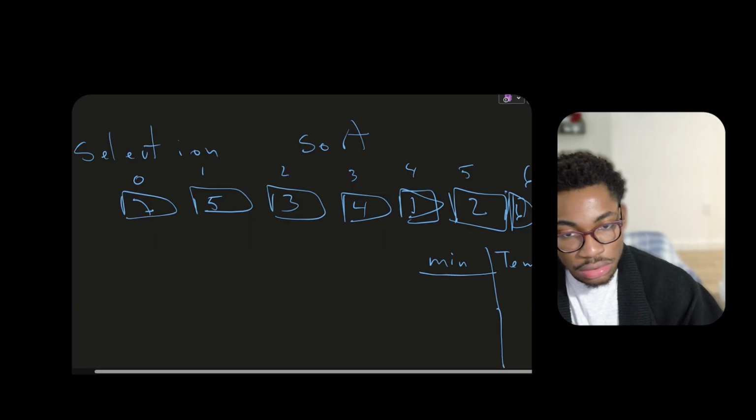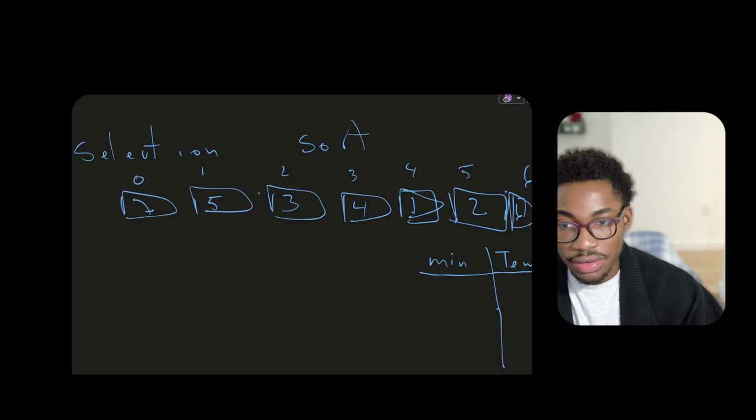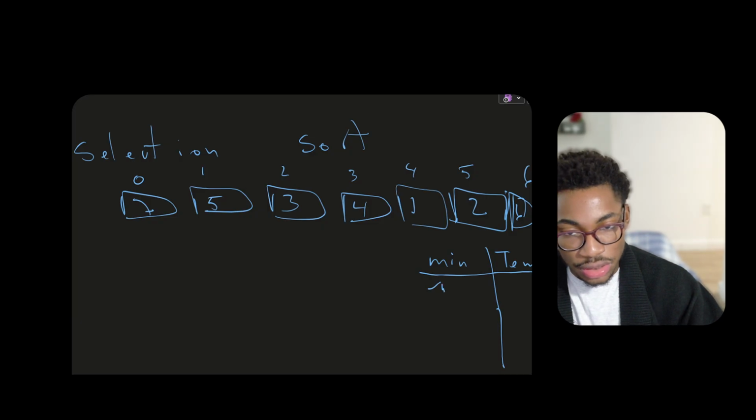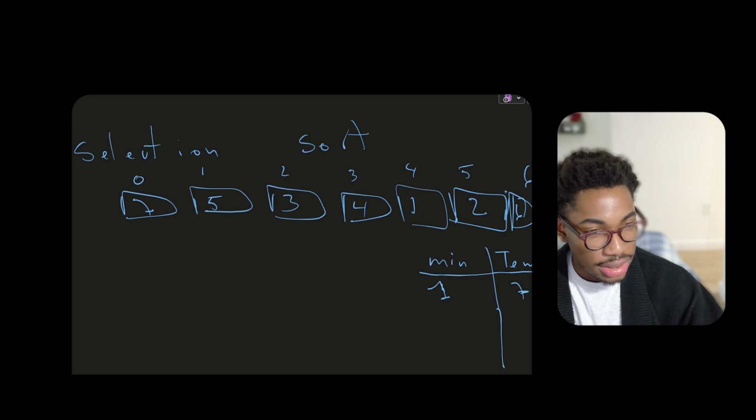So right now, selection sort is going 7, 5, 3, 4, 1. 1 is the minimum value over all of this. Does that make sense? So the minimum value is 1, and its index is index 4. So therefore now the temporary value is gonna be 7. Does that make sense?